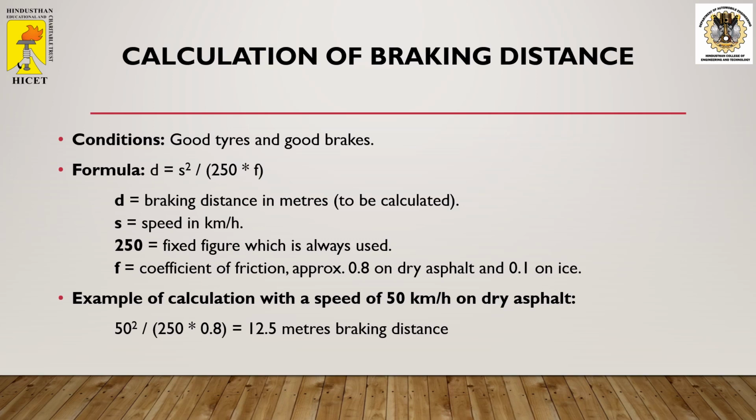If we assume good tires, good brakes, and good dry asphalt, then a vehicle traveling at 50 kilometers per hour on dry asphalt will have 50² / (250 × 0.8), which results in 12.5 meters braking distance. So this is about the braking distance.